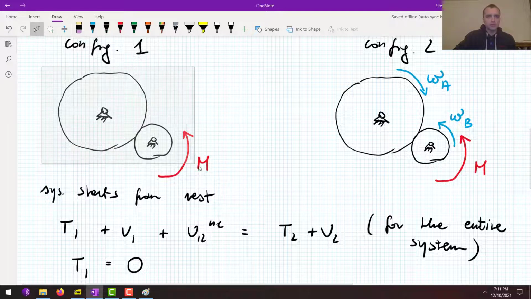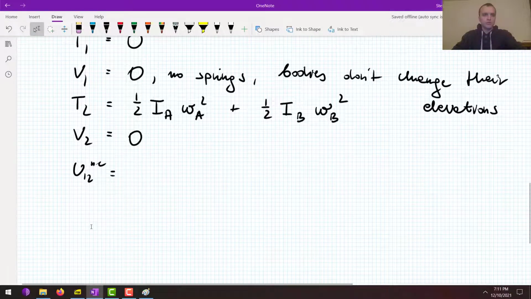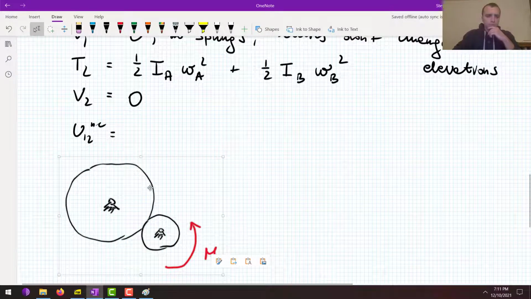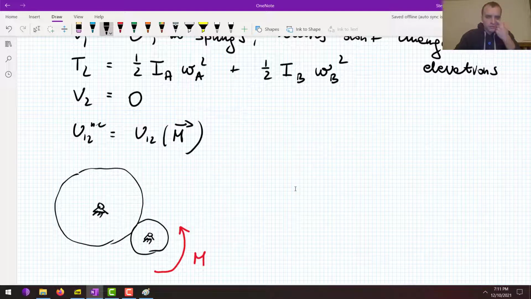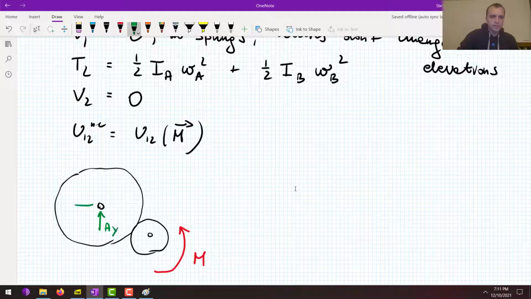If I copy this, you can clearly see that we for sure have the moment M acting here, but there are more non-conservative forces acting in our system, right? But their work will be 0, because we have these forces, AY, AX, and BY, and BX. These reaction forces at these pins.